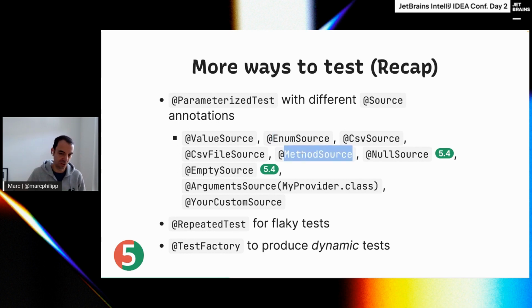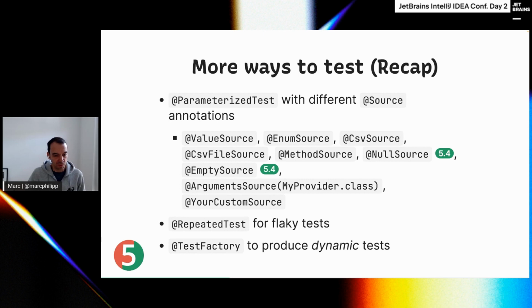You can use method source to call a method in your test class or even some other class via some naming convention. And IntelliJ also has some nice support for this, for navigation. And yeah, you can of course also write your own provider. So there's this argument source annotation that lets you specify something else. So you could read from a JSON file or something else, a database, whatever, right? Basically, you have full flexibility with this.